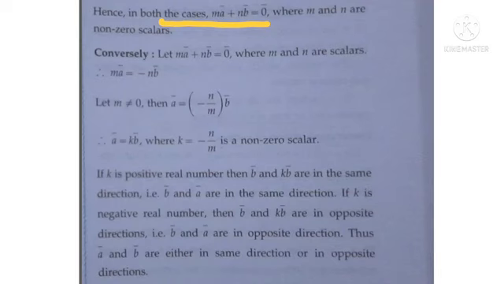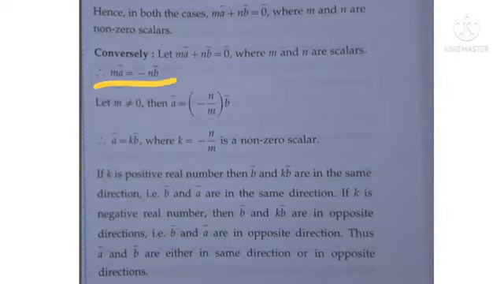Okay, now we will prove the converse. If m a bar plus n b bar is equal to 0 bar, where m and n are scalars, then we have to prove that a bar and b bar are collinear. So from this you write m a bar is equal to minus n b bar.